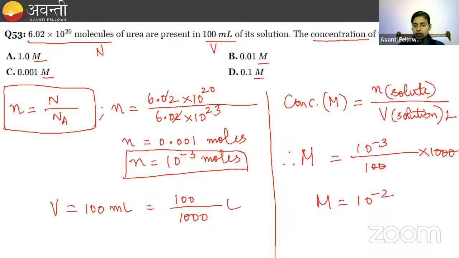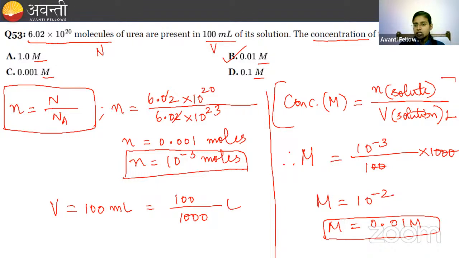So it can be written as 0.01 molar. It is given in option B, so option B is the correct answer for this question. We are taking the molarity formula and substituting the terms.